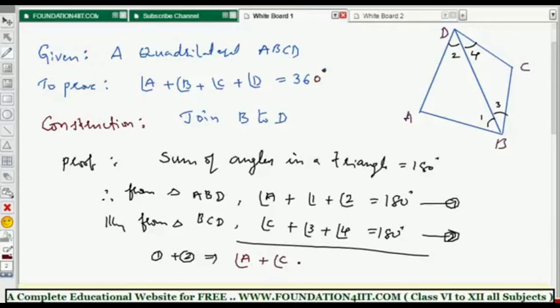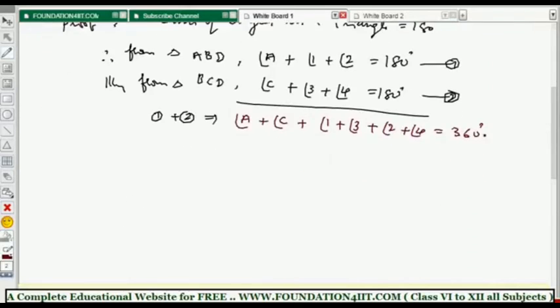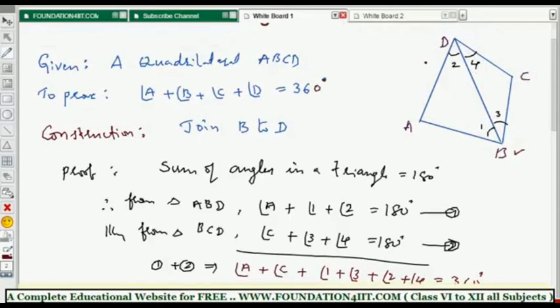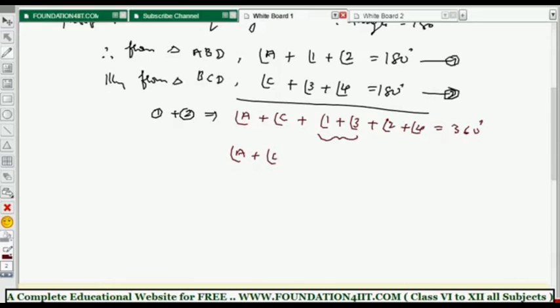Angle A plus angle C plus angle 1 plus angle 3 and angle 2 plus angle 4 is equal to 180 plus 180, which is 360 degrees. Right? Now angle A plus angle C as it is, and angle 1 plus 3, if you observe, is angle B, and angle 2 plus 4 is angle D.